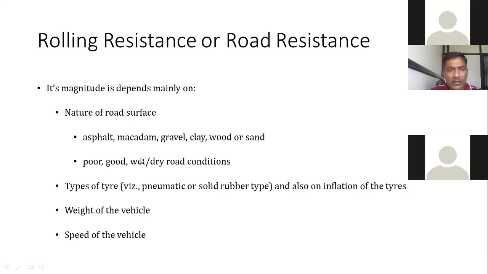So poor road or good road, whether wet or dry road condition, based on that the magnitude of rolling resistance or road resistance is going to change. It also depends on the type of tire, pneumatic, or sometimes only solid rubber provided over the rim. It is also influenced by the inflation of the tires, whether less inflated or fully inflated.